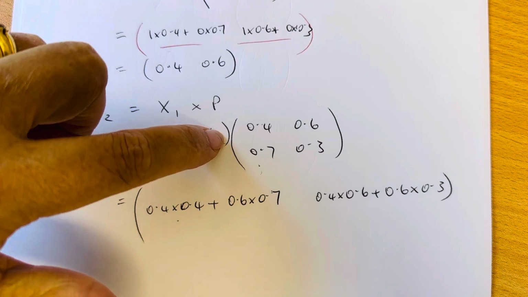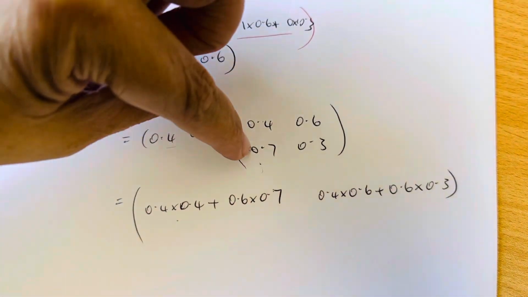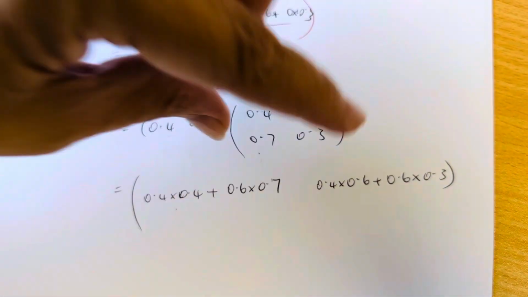So we always go across and down. That one and that one, then that one and that one.